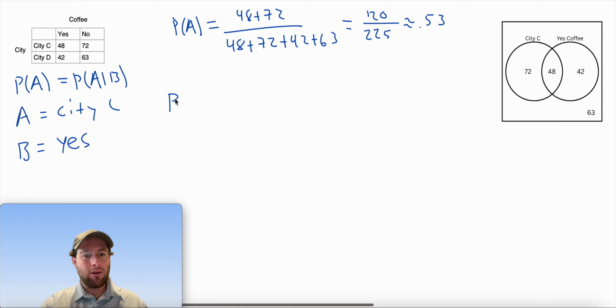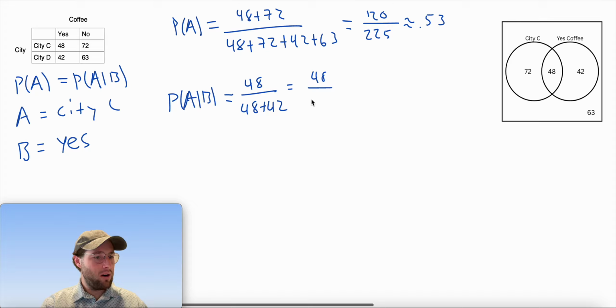Now let's find the probability of living in city C given that you drink coffee. So that is going to be this 48 here, where you live in city C and you drink coffee, over the total amount of people that said they do drink coffee. So we're going to have 48 over 48 plus 42, which is 48 over 90.